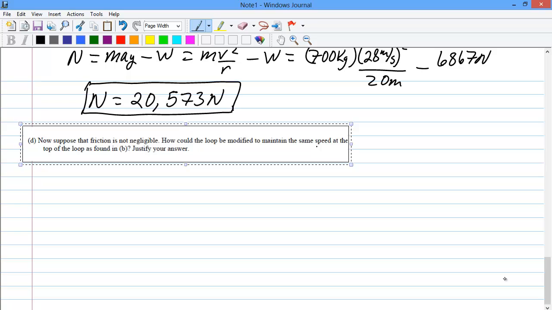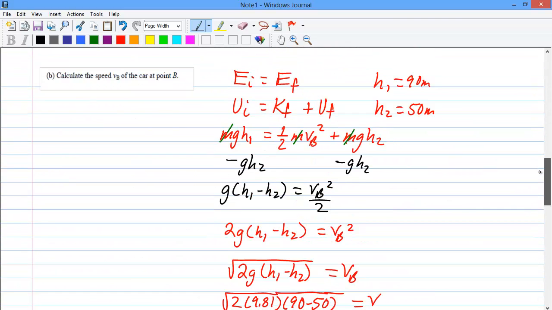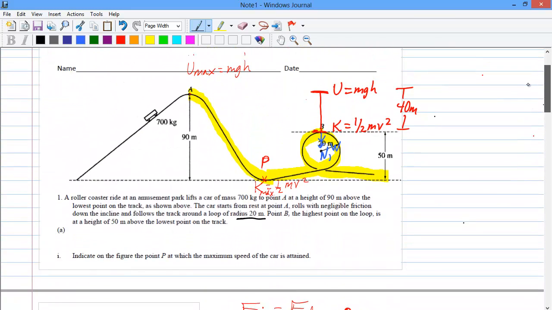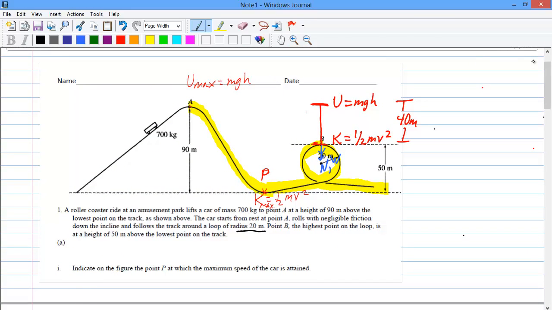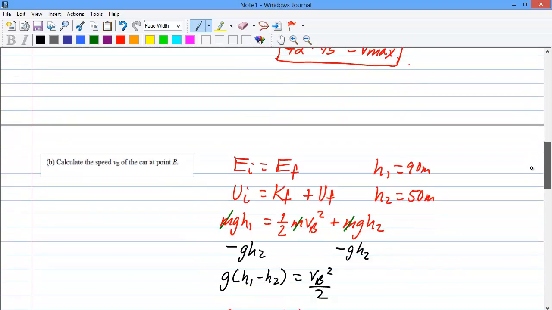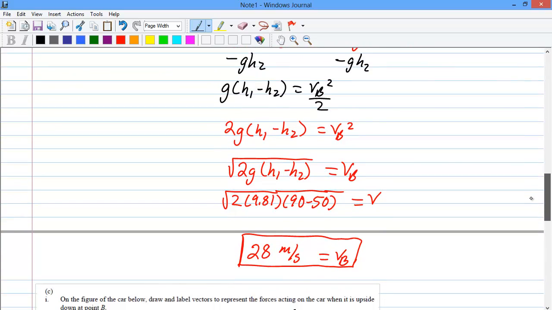So now suppose that friction is not negligible. How could the loop be modified to maintain the same speed at the top of the loop as found in part B? Justify your answer. Before, there was no friction, and now there is friction, but we want it to be going just as fast as in part B. So we figured out what VB was.